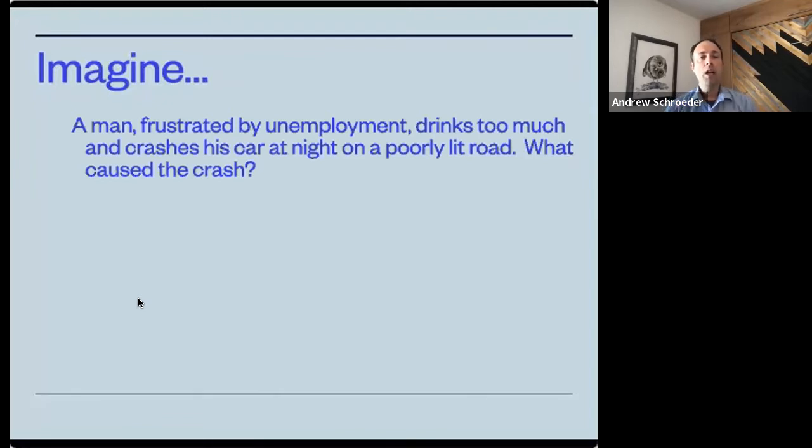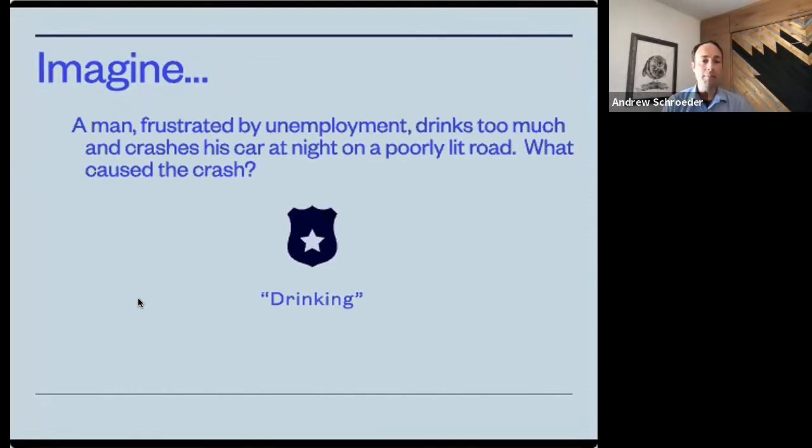So the question is, what was the cause of the car crash? Well, the police officer who arrives on the scene is probably immediately going to point to the man's drunkenness as the cause of the crash, alcohol consumption as the cause of the crash. But not everyone who looks at the situation is going to cite the same cause.